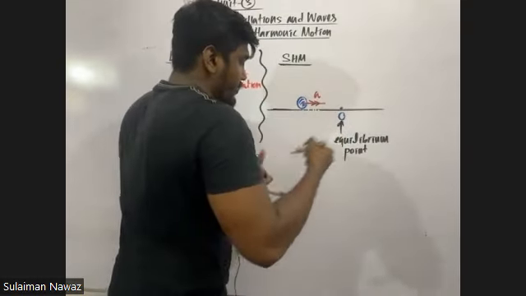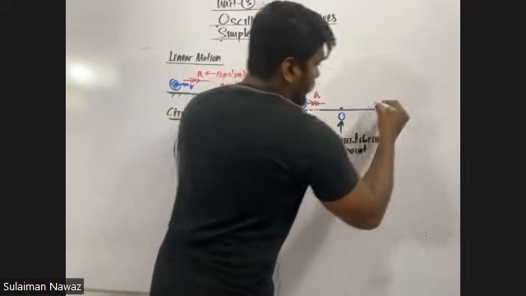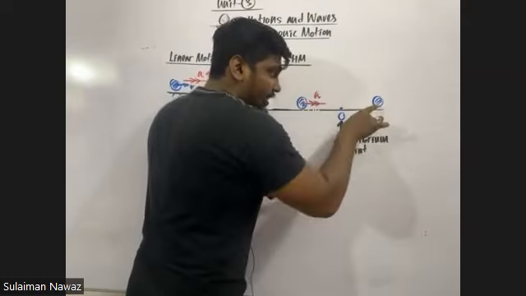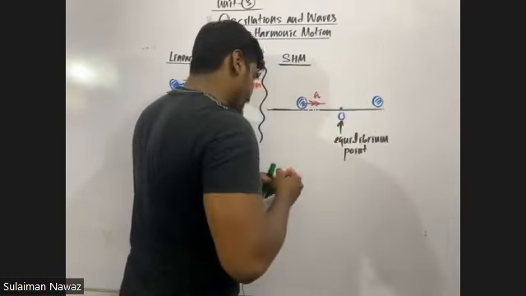Let's say when this object is somewhere here, no matter where the object is, the acceleration at that instant must be towards the equilibrium point.